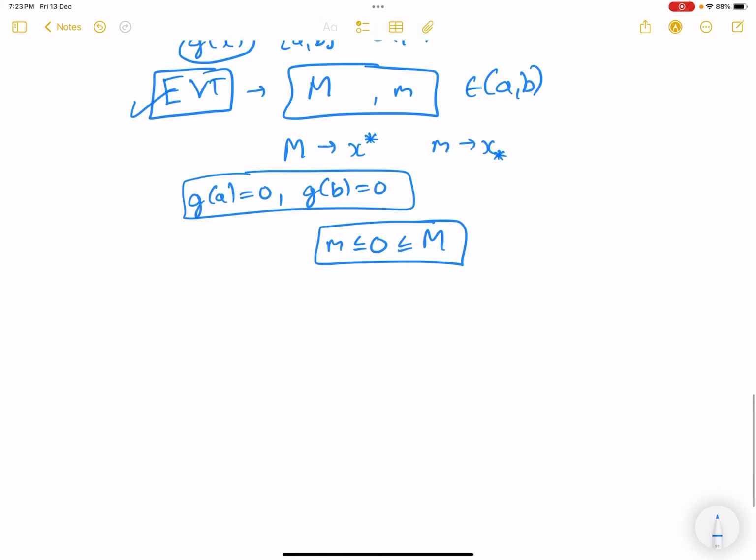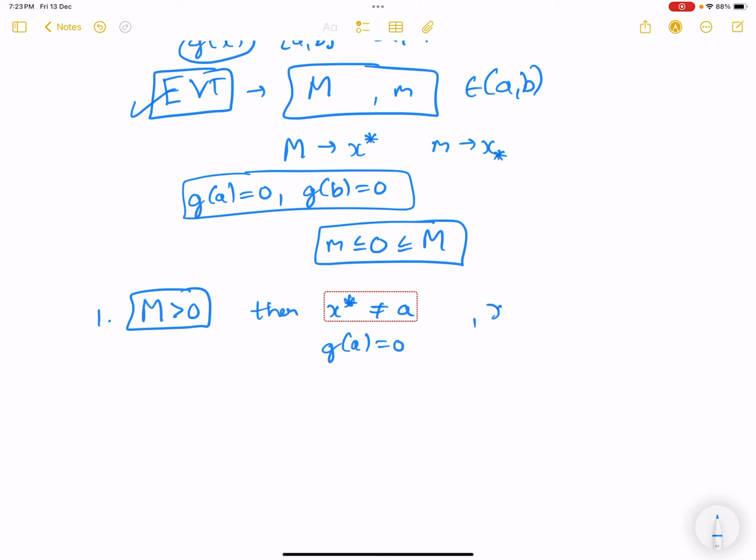Now suppose we consider the first case where the maximum value is greater than 0. Then x star cannot be equal to a because g(a) is 0, and similarly, x star cannot be equal to b because g(b) is 0 as well. So x star would lie between a and b.